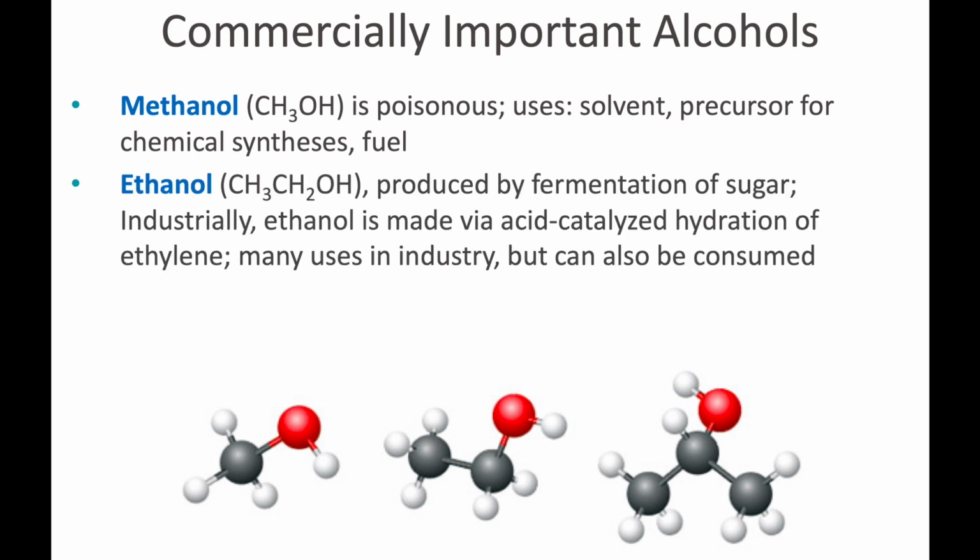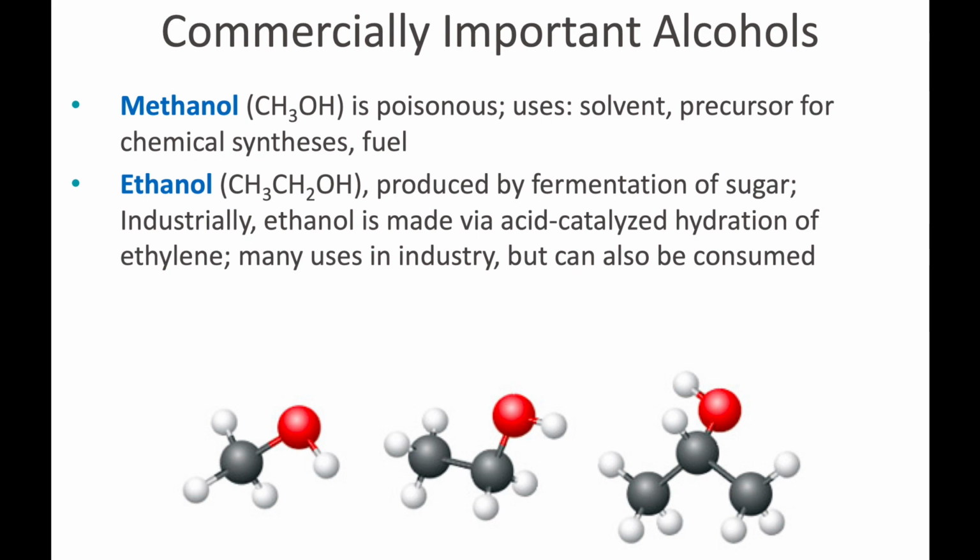A second molecule here is ethanol. Ethanol is basically methanol with 1 methyl group attached to it, so an extra carbon. And as you probably know, it can be made by the fermentation process of sugars from grains and fruits, right? That's how you make beer, that's how you make wine.